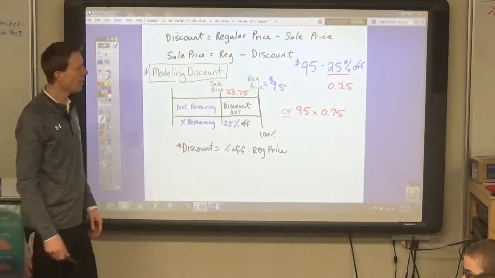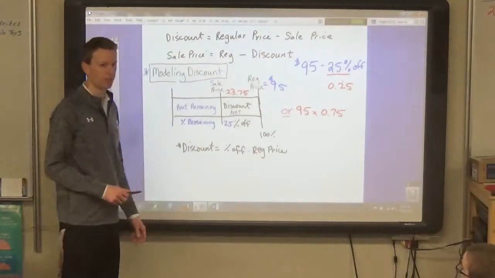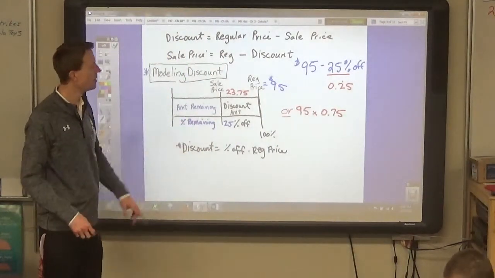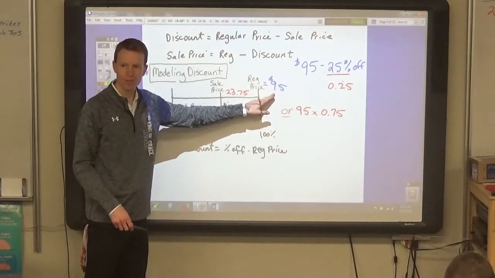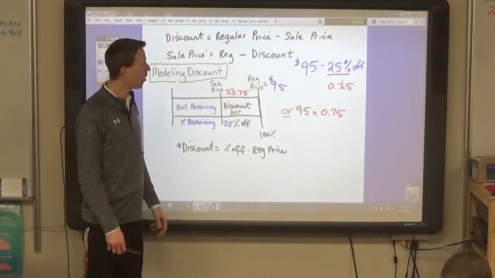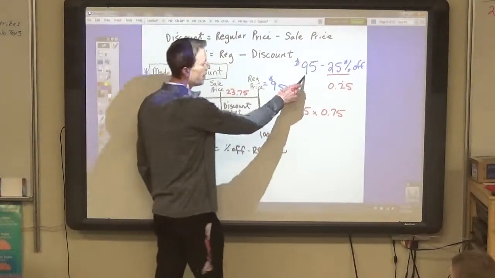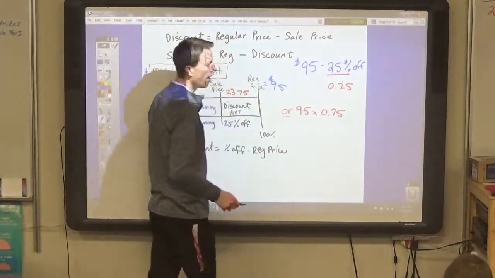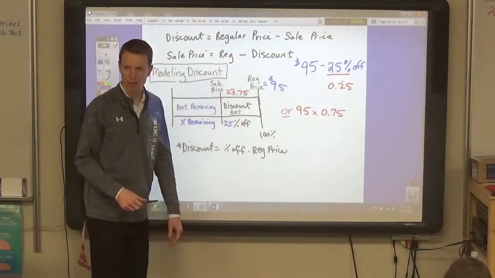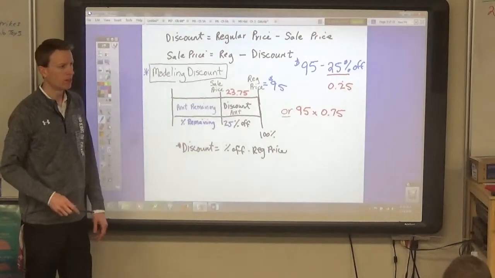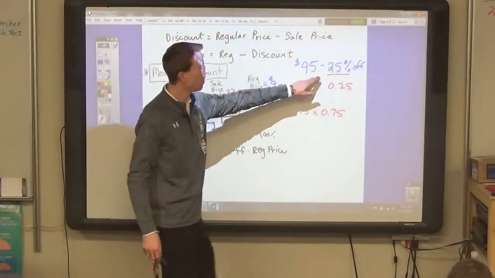So you can't do, let's say that something is $95. The regular price is $95. Okay? If it's 25% off, do we do $95 minus 25 to get the amount off? $95 minus 25%.